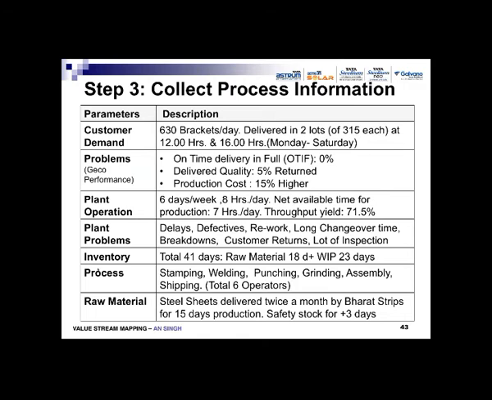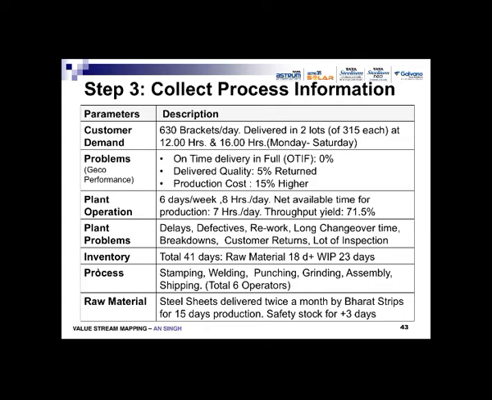Now all the basic data about the process is collected. What are the essential things? First is the demand rate, the customer demand: 630 brackets delivered in two lots at 12 o'clock and 4 p.m. Then what are the problems faced by the company? On-time delivery in full is 0%. Of course they are supplying the material, but in several lots.